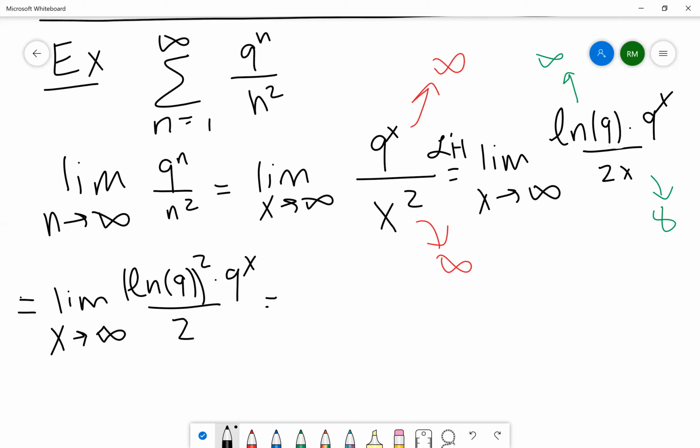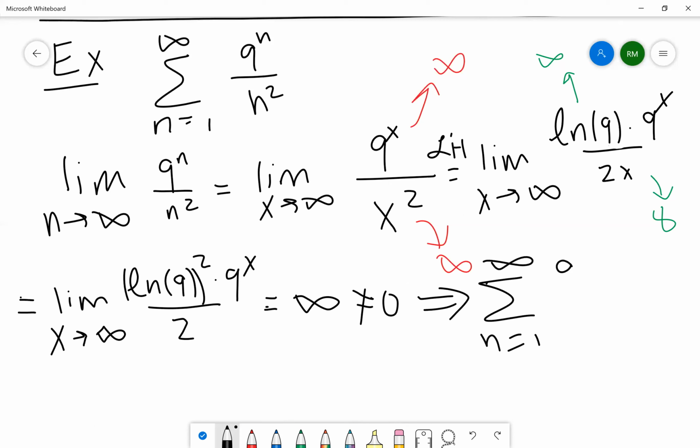And now we see that the limit is equal to infinity, which is definitely not 0. And so what this tells us is that our series diverges by the divergence test.